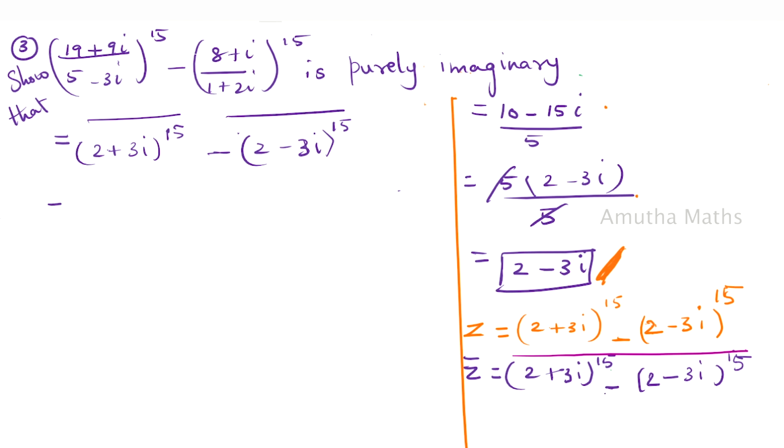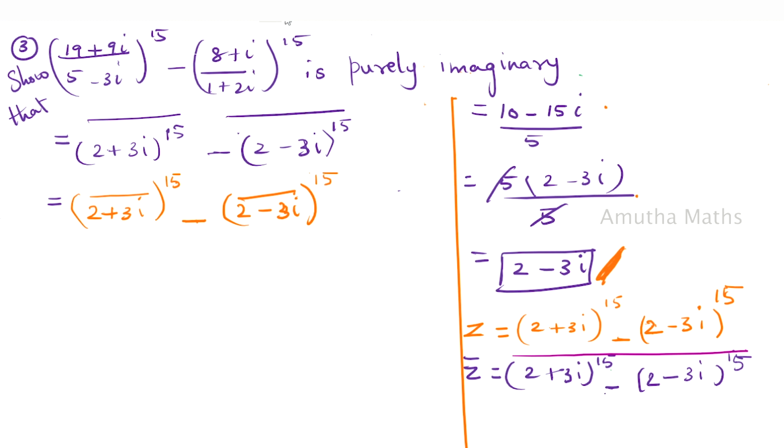So this is equal to, I can write this as 2 plus 3i the whole bar, the whole power 15, minus 2 minus 3i the whole bar, the whole power 15.